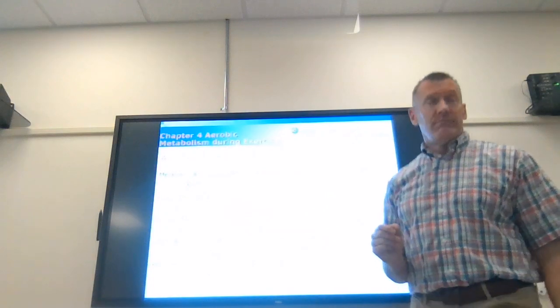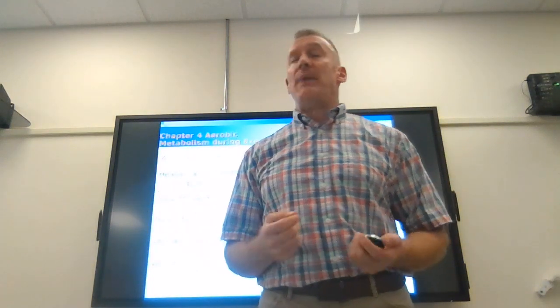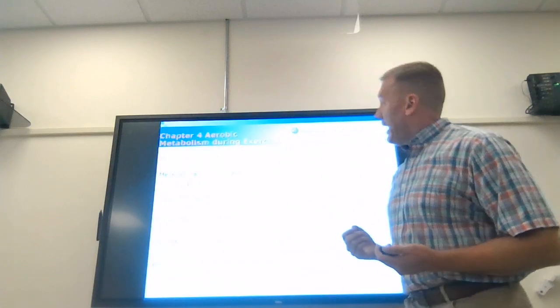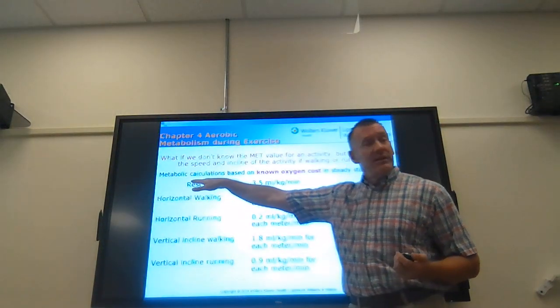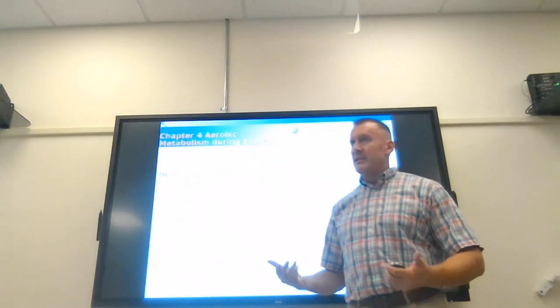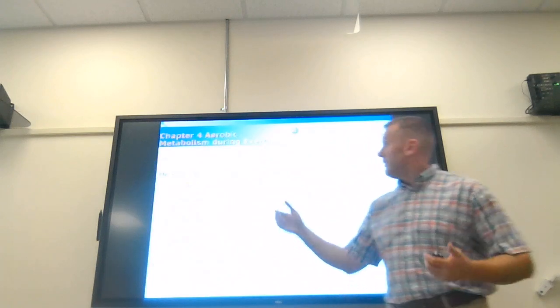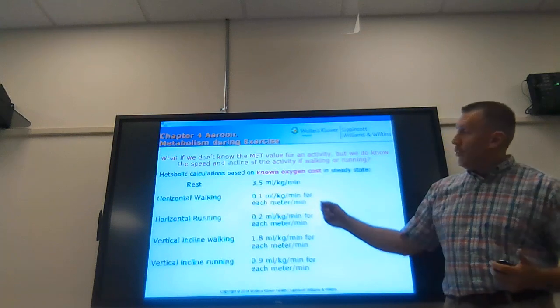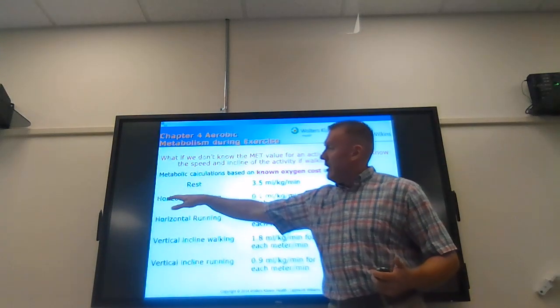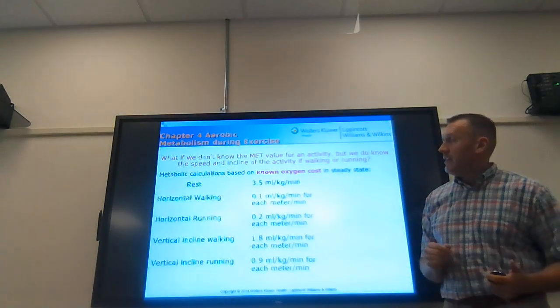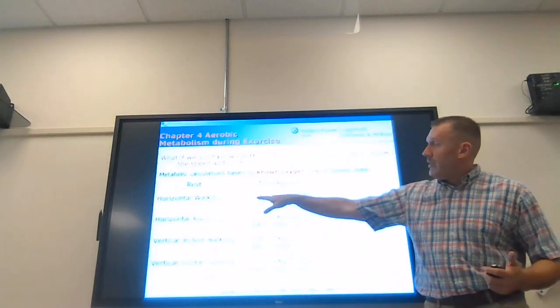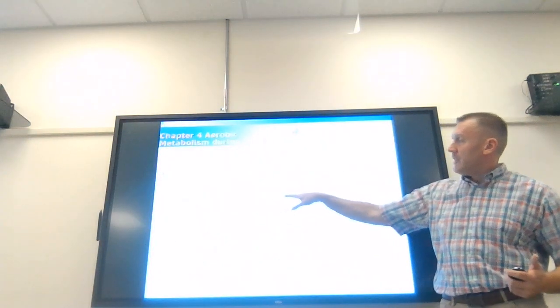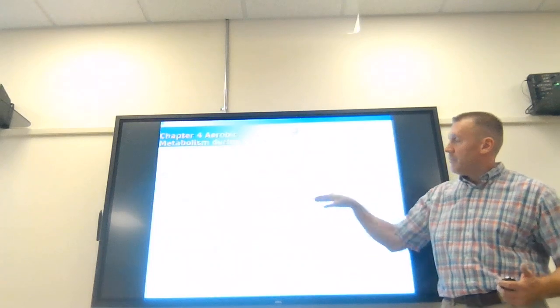So we have to eventually adjust for body mass, but we know that at rest, everyone has an average oxygen consumption of 3.5 milliliters per kilogram per minute. We know that with horizontal walking, we consume 0.1 milliliters of oxygen per kilogram per minute for each meter per minute.